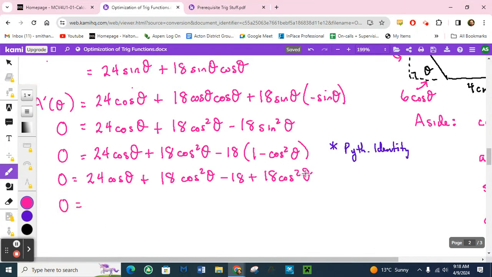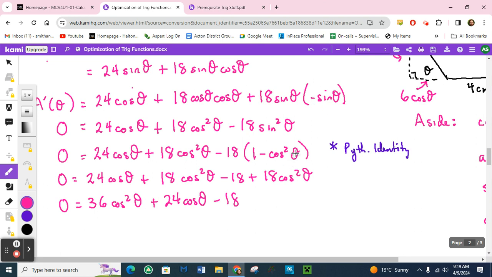And I might put the squareds first. So that's 36 cos squared theta plus 24 cos theta minus 18. Would you guys agree? It now is just like part C, right? It's exactly like part C.